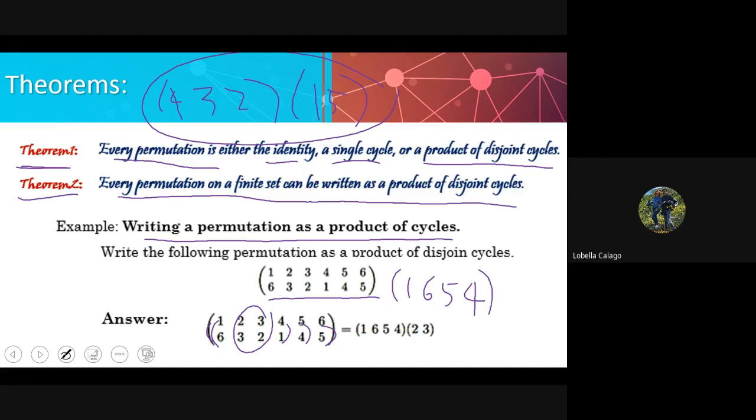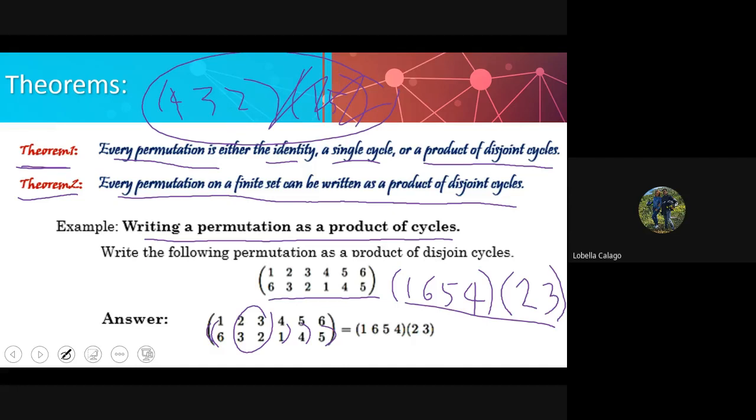Next, we place 2. 2 maps to 3, and 3 maps to 2. So this is another disjoint cycle, because we have cut cycles. If it were just like this, that would be a cycle, not a disjoint cycle.